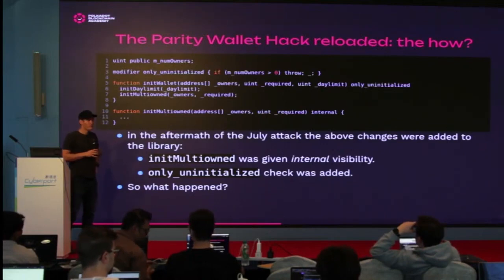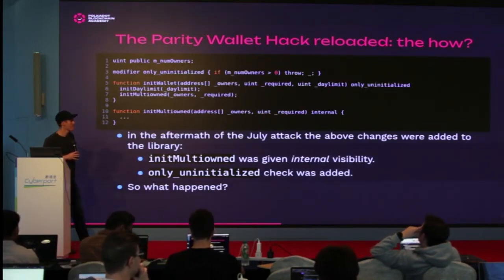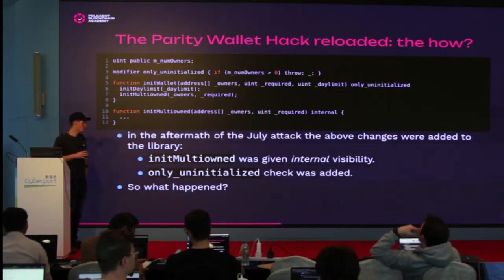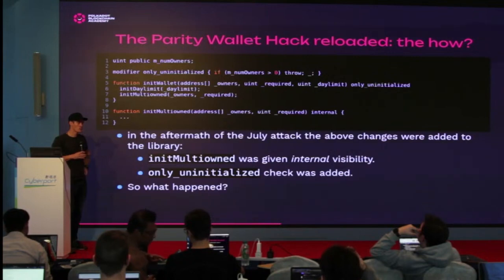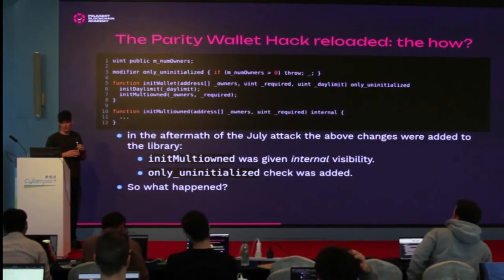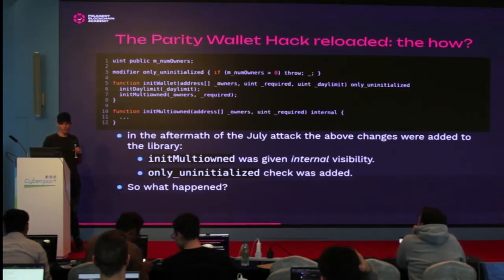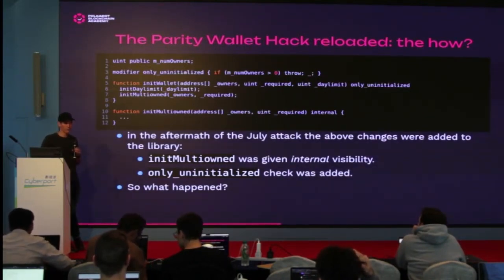Cool. This is just an educated guess, I would imagine, but just from evaluation itself, I could probably see some vulnerability with the variable m_numOwners. If you could actually modify that to be 0, you could pretty much avoid the only-uninitialized check altogether. That could probably be one exploit, I could imagine.